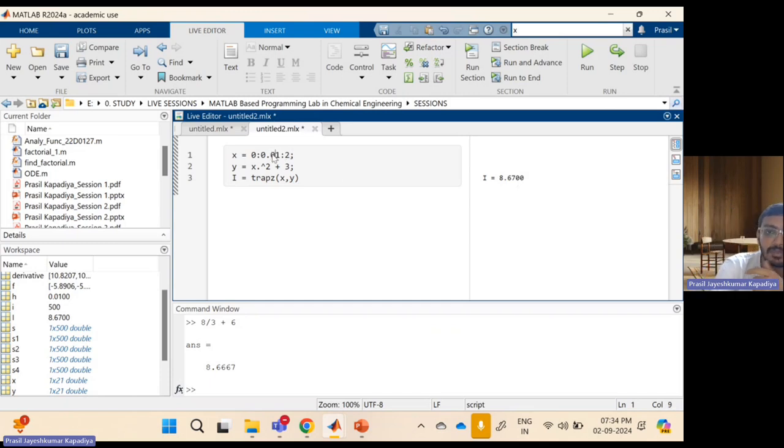If we further reduce these points, see, we are getting the exact answer, 8.6667. So this is how you can improve the accuracy of your numerical methods, by reducing your step size. But simultaneously, this is going to increase your computational load. Correct?